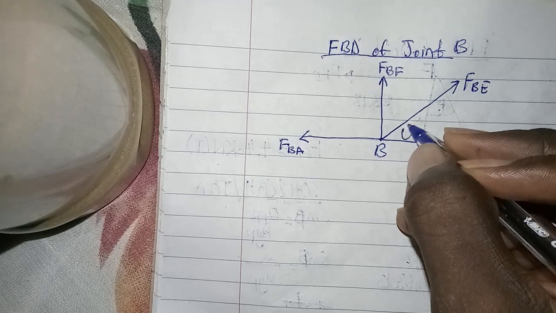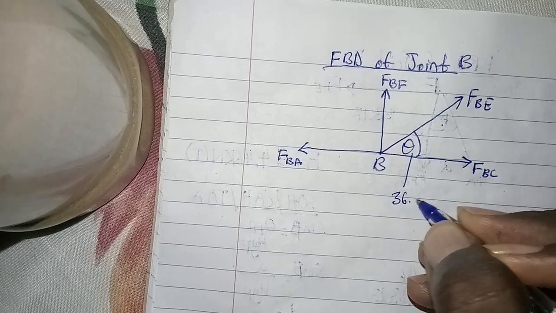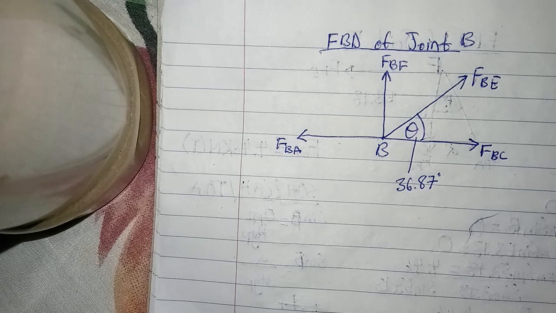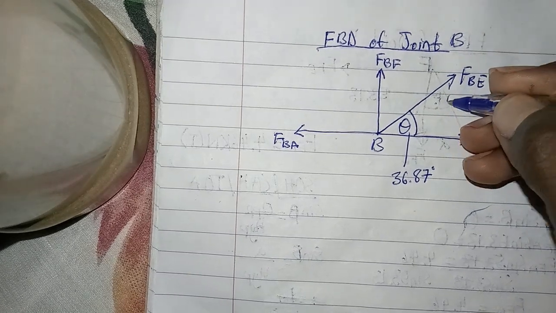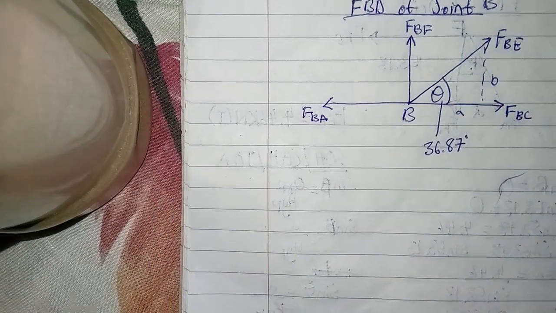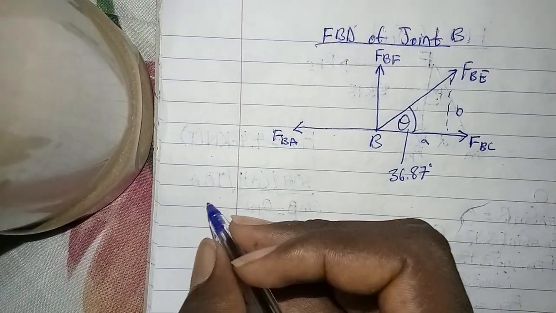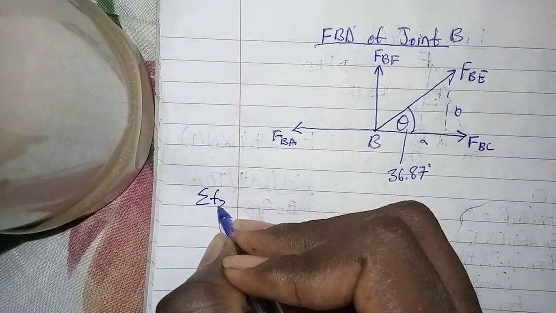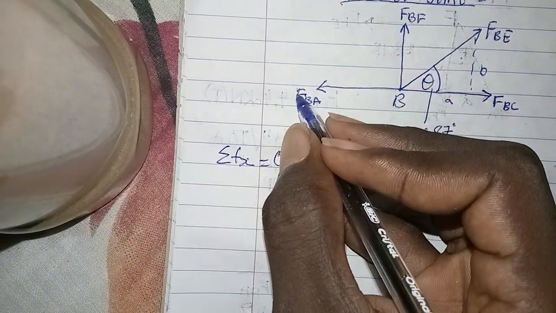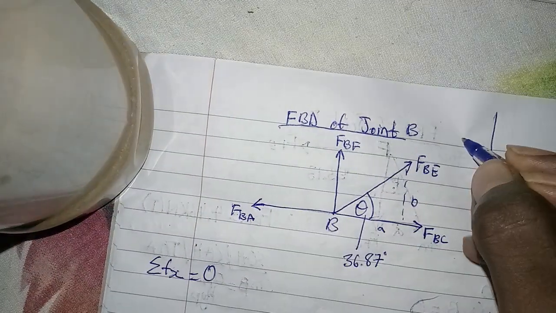Here theta is equal to 36.87. Let's assume here to be B and here A. Now we take the sum of forces along the horizontal axis, so sigma Fx is equal to 0. This force is pointing to the left, so it gives negative.